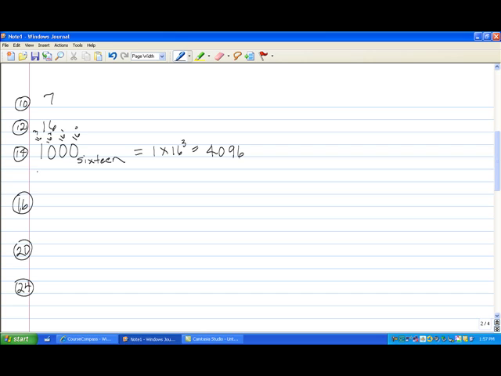The largest one, if we look at our table for base 16, on page 164, base 16, the highest symbol we have, which is equivalent to 15, is an F. Sounds like a bad report card.